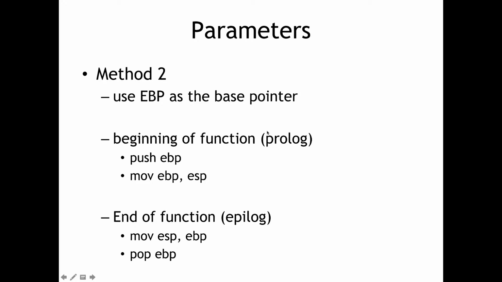So at the beginning of the function, we're going to push the old value of EBP because we're going to use EBP, so we need to save it. We've been talking about saving registers that we use in our function, and that same concept applies here. We're about to change the value, so we need to save it so that when we're done, we can restore it. Okay, so once we do that, let me switch to pen here.